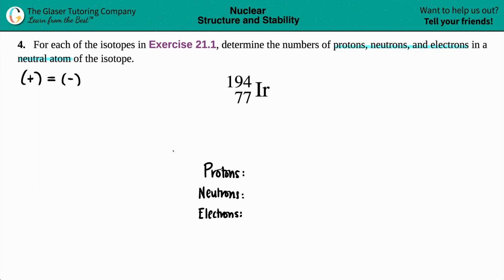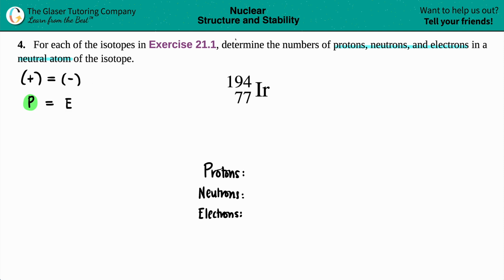But the question is, which subatomic particles are positive and which ones are negative? Well, the positive ones, P goes with positive, right? So we have protons. The positive subatomic particles are protons. And the protons have to equal the negative subatomic particles, which are the electrons.